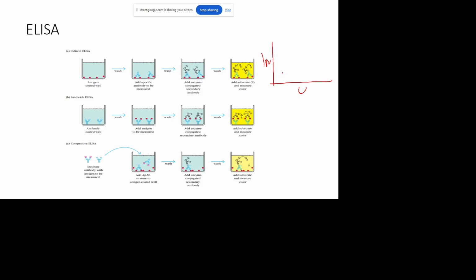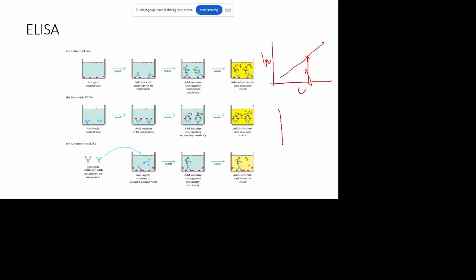So the more the concentration, the more the intensity, and you plot a standard curve. Then you take an unknown sample, measure its intensity, and from this standard graph you can calculate its concentration. Okay, so that's how you can measure the concentration of an unknown antibody by using ELISA.